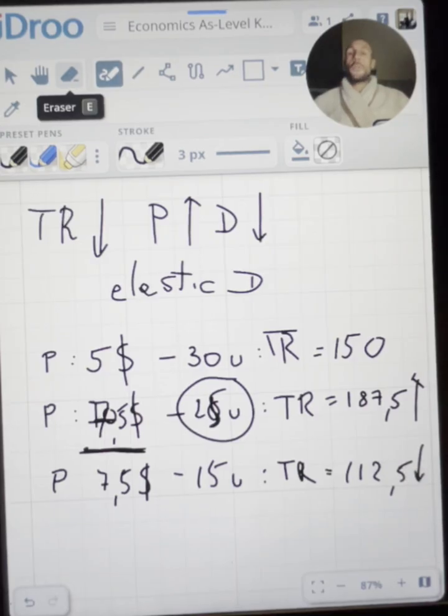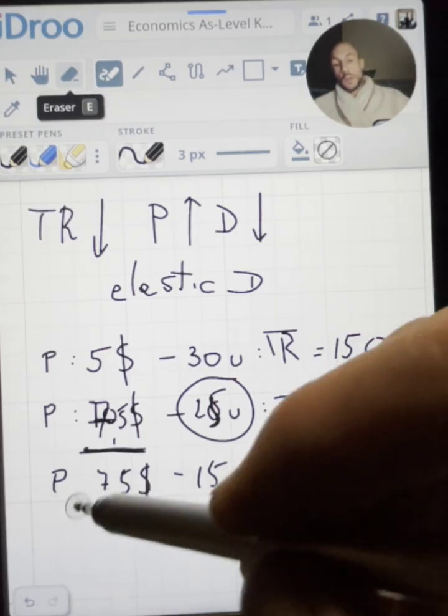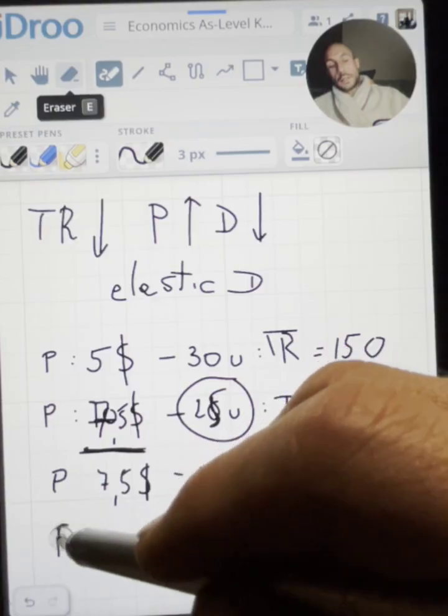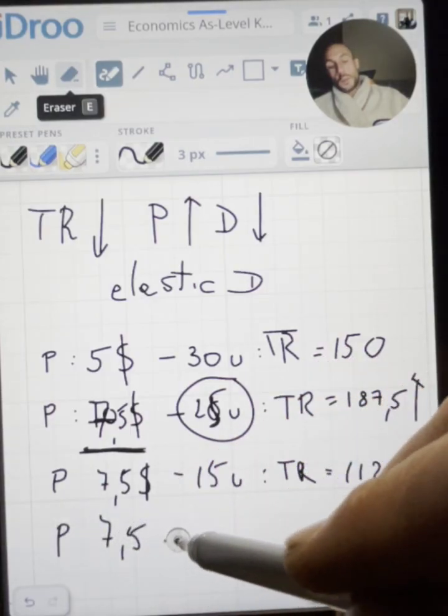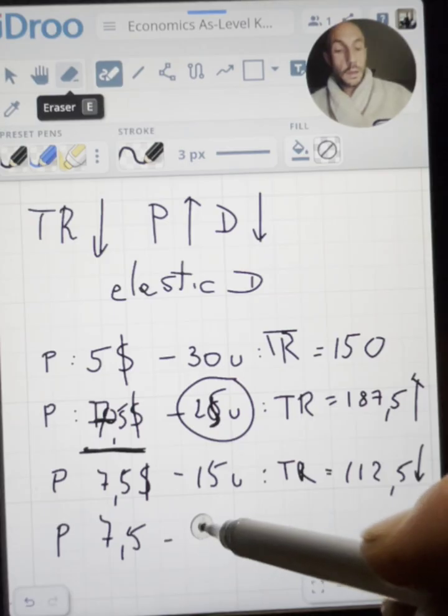So you have a lowering in total revenue because yes, you increase the price, but you are selling too many fewer units to make it worth it. And now let's take the last case where the price went down to 7.5, which is over 50%, right?